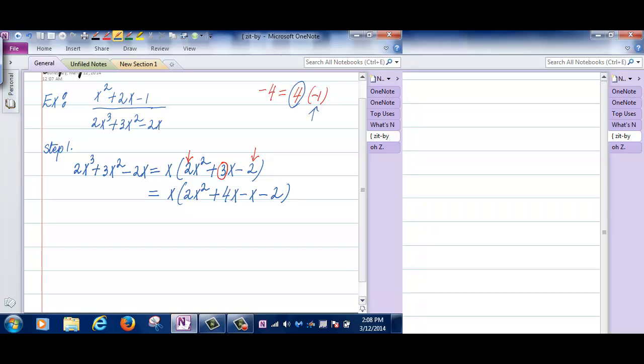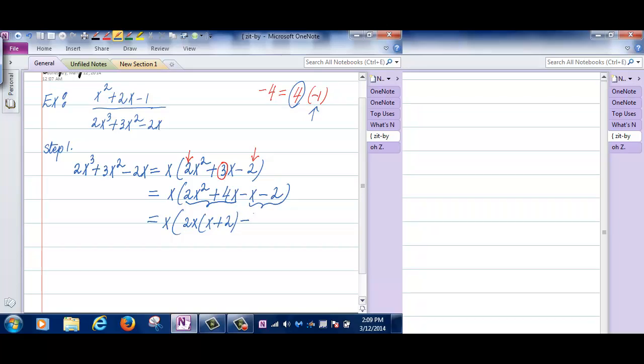Now we factor out from the first two terms and the second two terms. From the first two, I can factor out 2x, and I get x plus 2.